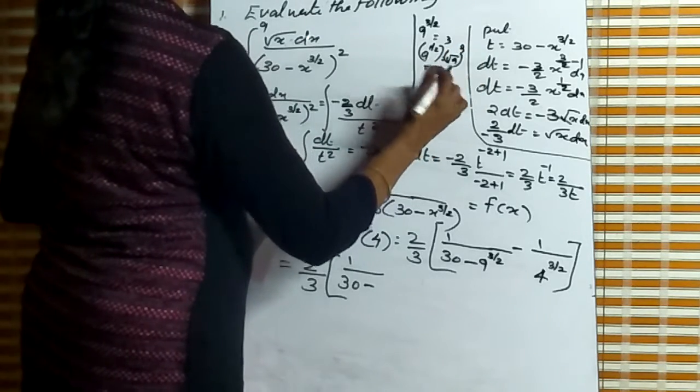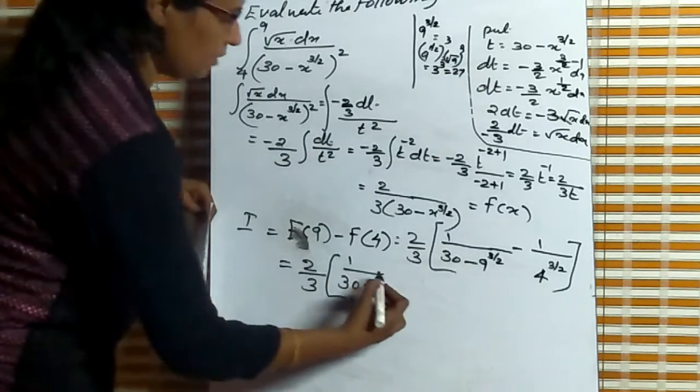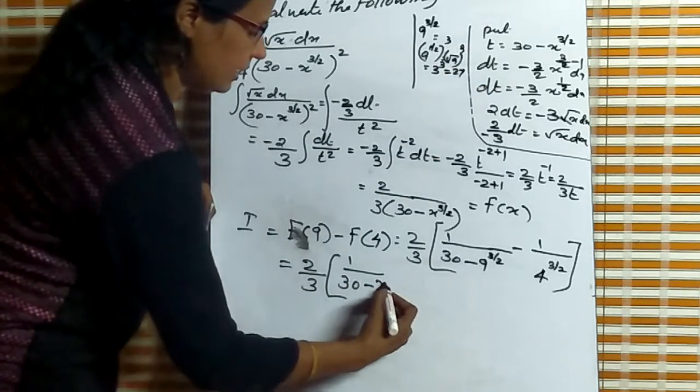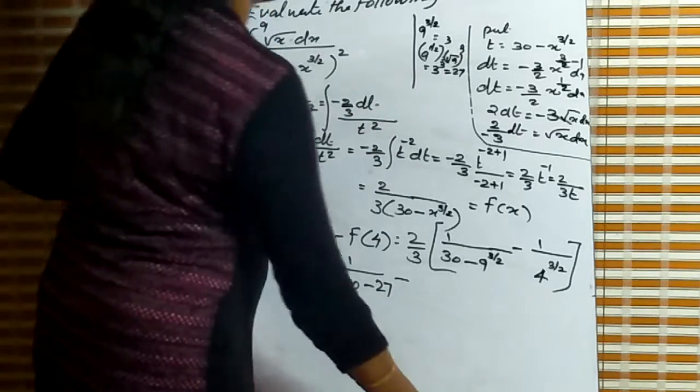Root 9 is 3, and 3 cubed is 27. So 1 by (30 minus 27) minus 4 raised to 3 by 2.